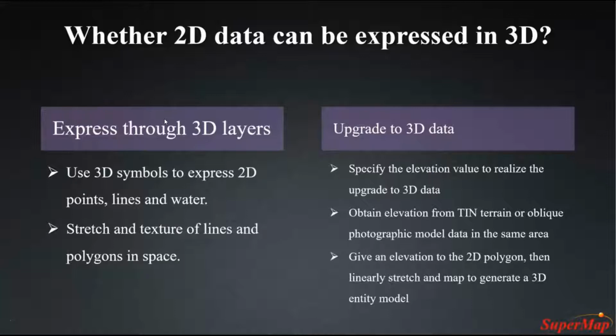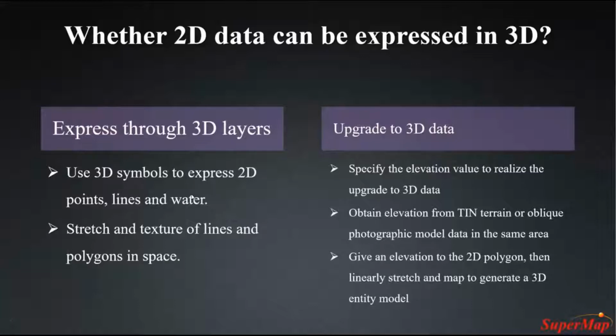In the 3D scene, we can assign an elevation to the 2D points, lines, and polygons, and then use 3D symbols to express them.